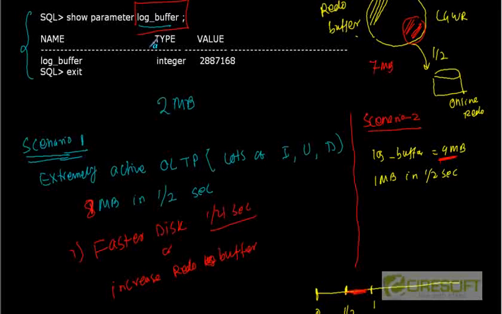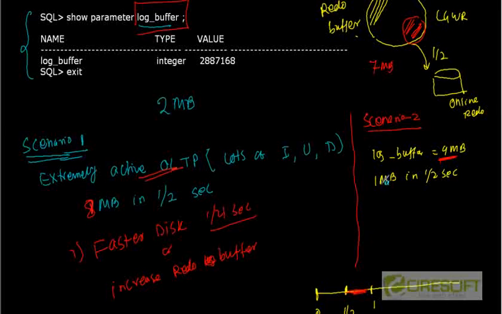It depends on how fast you are writing, and from these two scenarios that I am showing you, you can probably deduce how much your log buffer should be. There are a couple of things that you need to calculate. If you are not generating 1 MB in half a second, let's say you are generating 1 MB in 5 seconds, then maybe your parameters will be completely different.